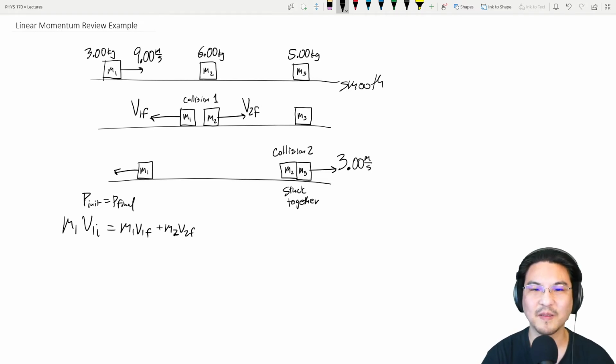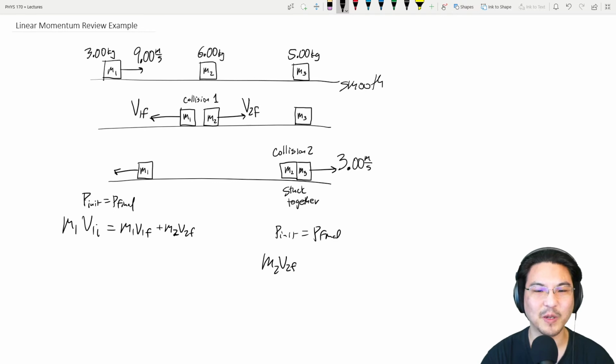Now, the second collision. Immediately before the collision, what's the momentum? Right here, block 2 has momentum M2 V2 final.